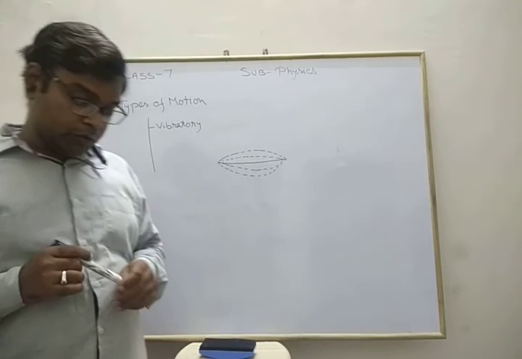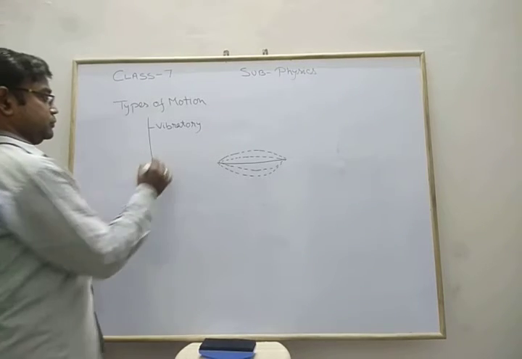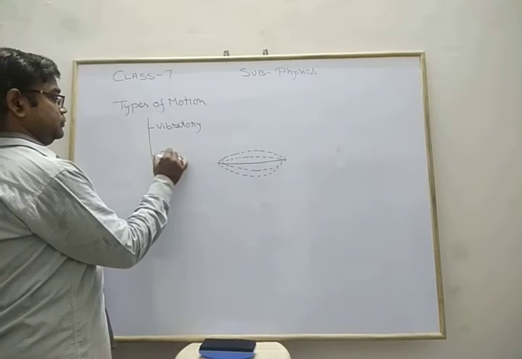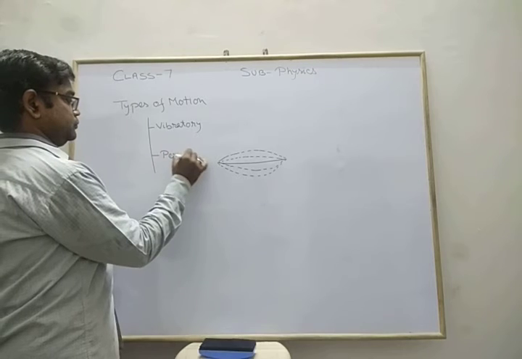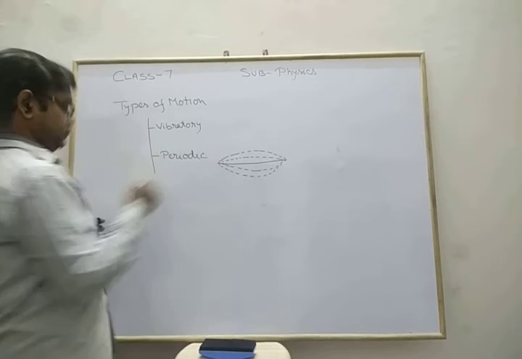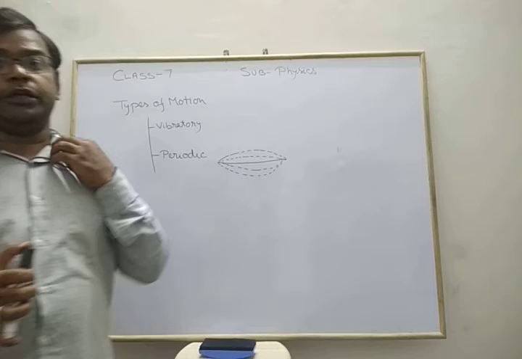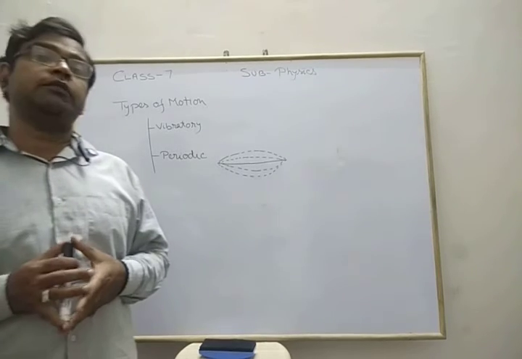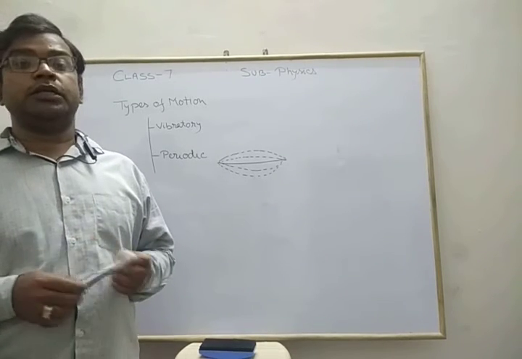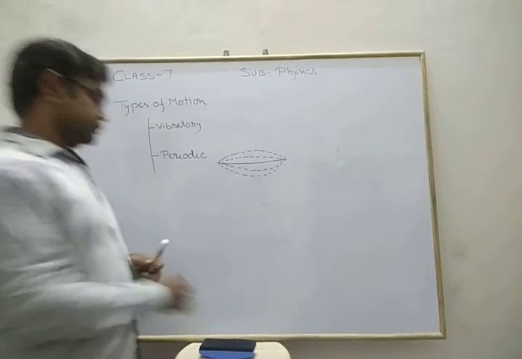Then the next one is periodic motion. If a body crosses a fixed point at a regular interval of time, this type of motion is known as periodic motion.